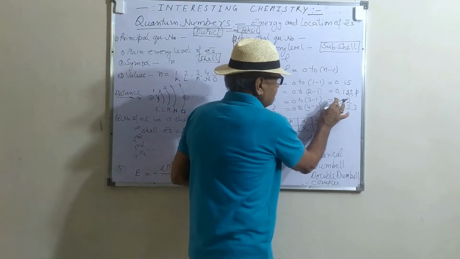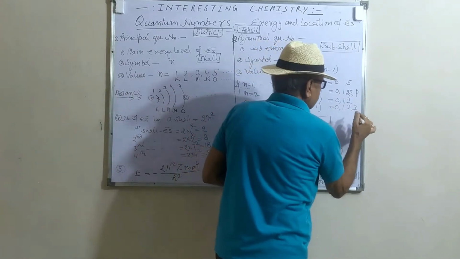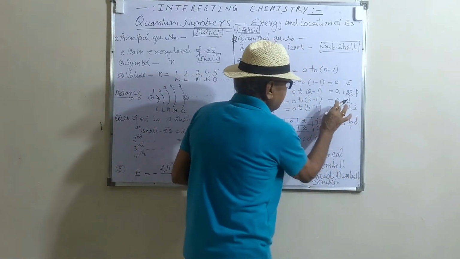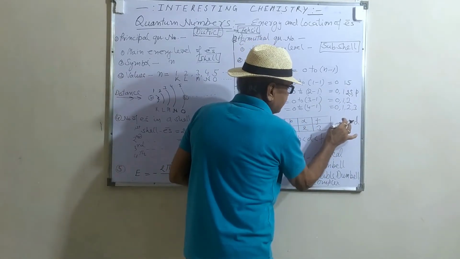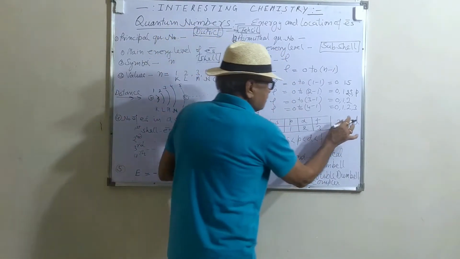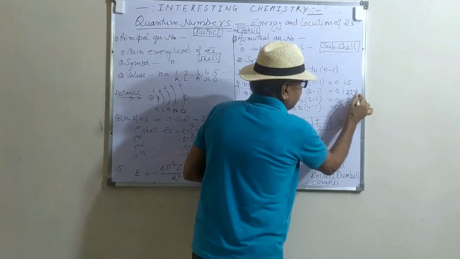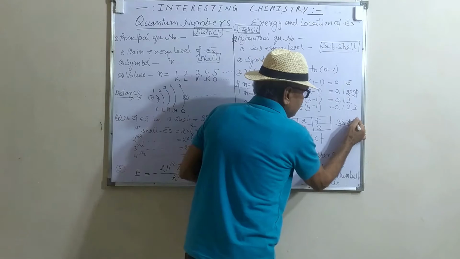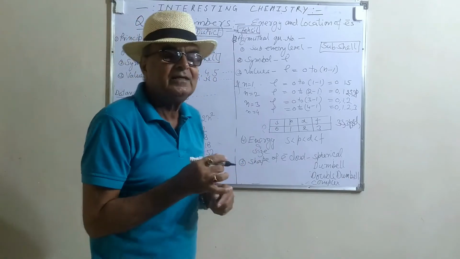So again, 0 means S, 1 means P, and 2 means D. So here I am writing S, P, and D. Here 0 is S, 1 is P, and 2 is D. So this S will be 3S, this P will be 3P, and this one is 3D. In the previous case, this was 2P. In this way, you will write 3S, 3P, and 3D.